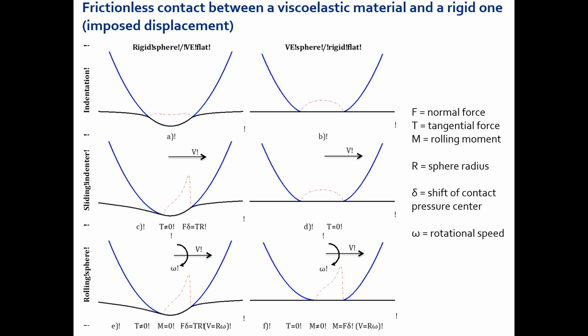Depending on the speed, the frequency of the loading compared to the relaxation time of the viscoelastic material, this surface can be below or above. Due to that, you can observe an asymmetry of the pressure distribution. It's not exactly the same as for elastic-plastic contact, but it has the same meaning. You do not have the same geometry in front of the indenter compared to behind.